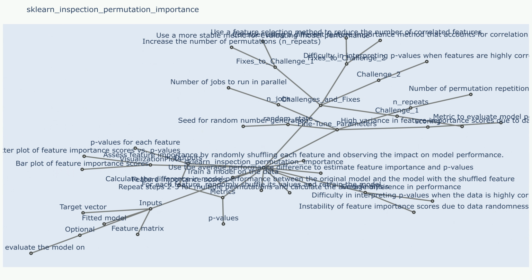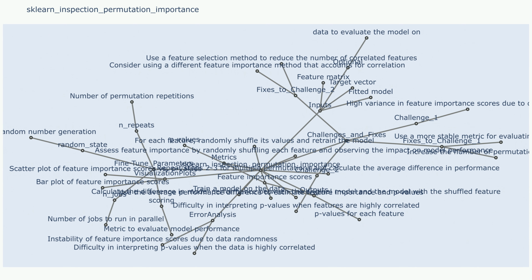The difference between the model's performance on original data and the permuted data is calculated. This difference represents the importance of the permuted feature. Step 4. Repeat process. Steps 1 to 3 are repeated multiple times for each feature to estimate the importance score and its variability.